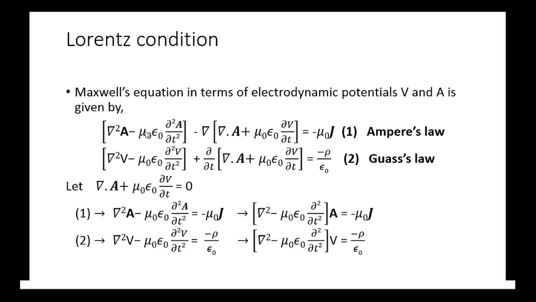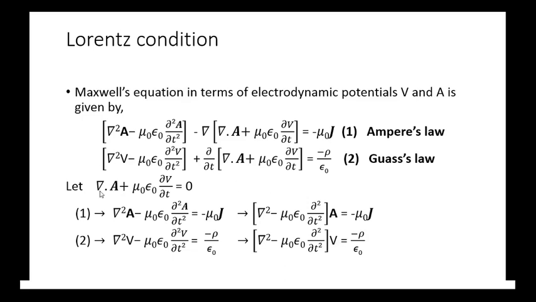The first equation contained both A as well as V. Also the second equation, that is Gauss law, consists of both A as well as V. So in order to reduce this expression to contain only one potential, we are giving this condition. See, when we apply this condition, what happens to the first equation? First equation now contains only A. Similarly, the second equation contains only V.